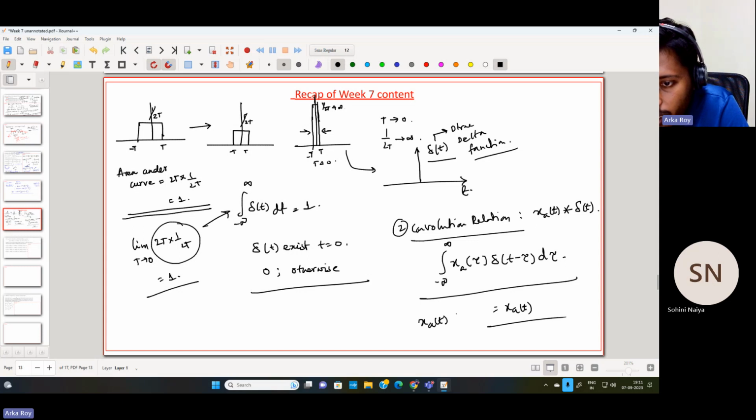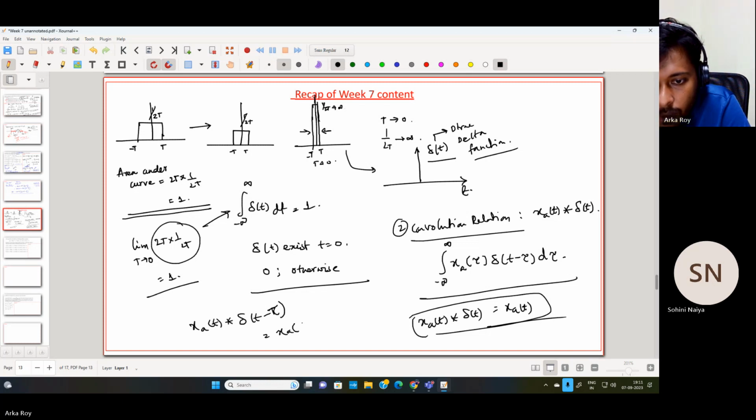Similarly, if I convolve xa t with delta t minus tau, I will get xa t minus tau, or I can readily say evaluated at tau.